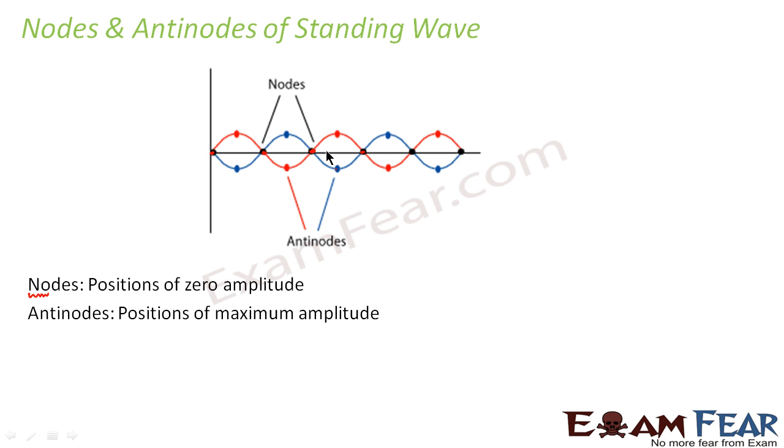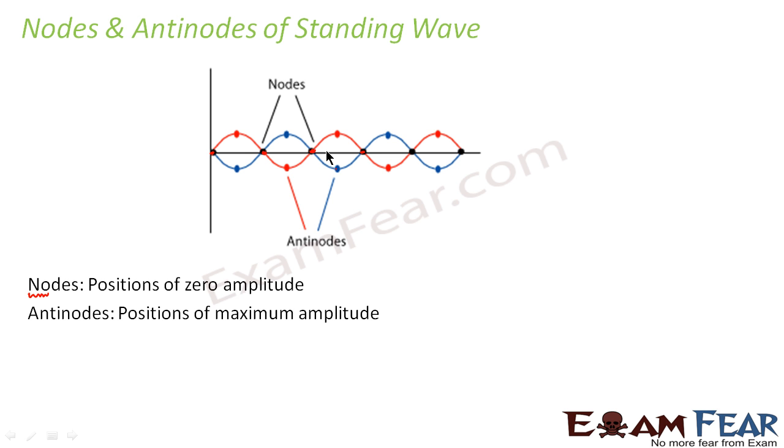I hope you understand why we represent a standing wave with this diagram, because these are the positions which a standing wave generally has. It either goes up, or it stays at 0, or it comes down, right? So these are the three possible positions of a standing wave, and we generally find this diagram a suitable one to represent a standing wave.